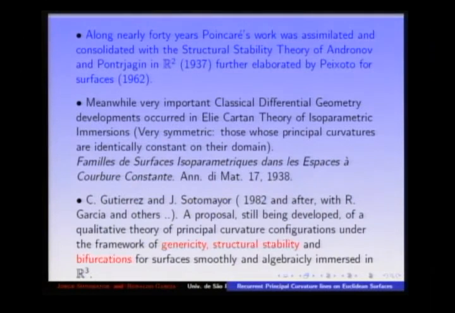So we are using this as a source of examples to get more complex immersions of 3-dimensional manifolds into 4-dimensional space, for which you can find the principal configuration. The principal configurations are the foliations defined by the principal lines of curvature.